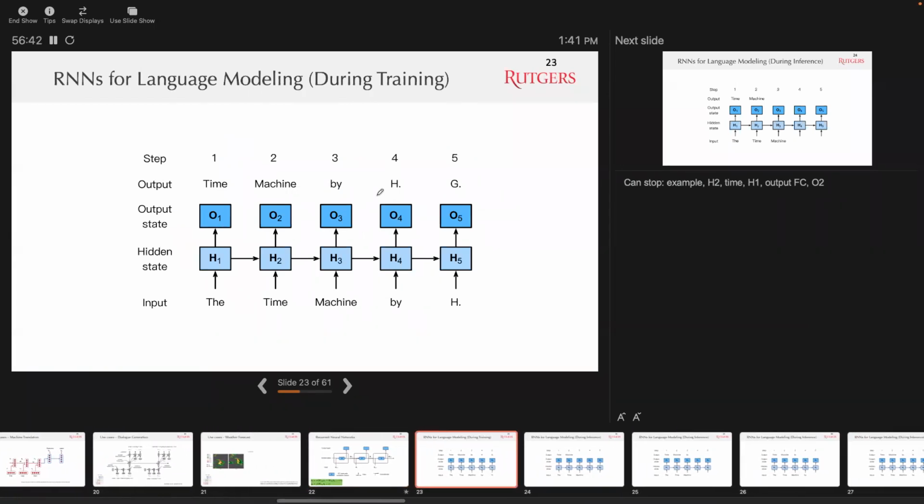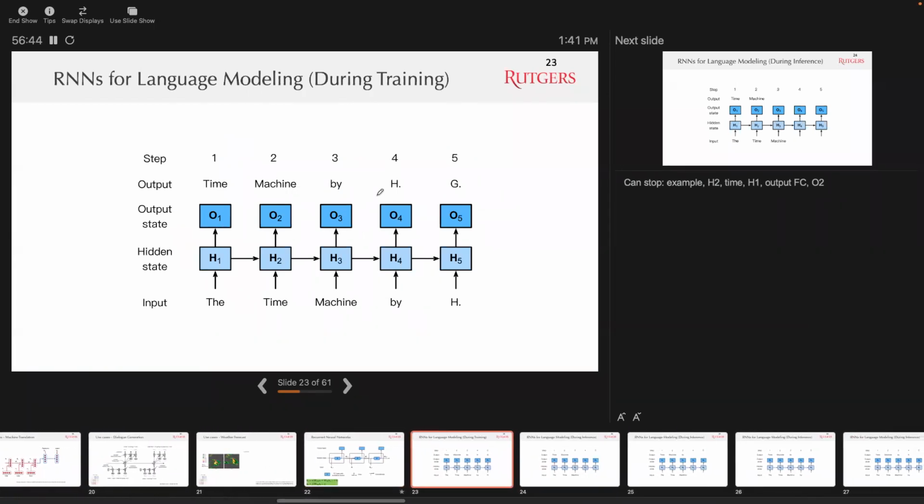Now let's talk about the difference. Let's say we're trying to learn a sentence generator or language generator, and there is a difference between training and inference. During training, the input to your neural network is, for example, the time machine by H.G. Wells, which is the full sentence; this is just part of it for simplicity.